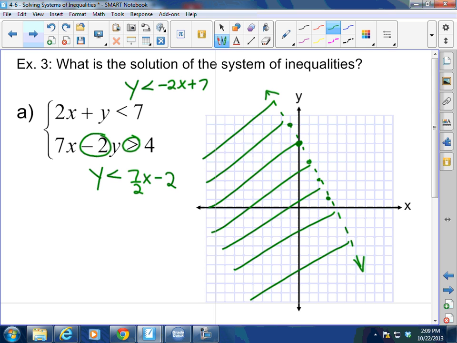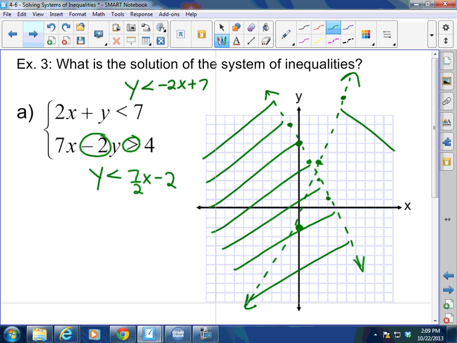And then y is less than 7/2 x minus 2. Y-intercept is negative 2. Slope is 7/2. Up 7, over 2, it will be about here. Dashed line again. And it's less than, so I'm shading again below, right?